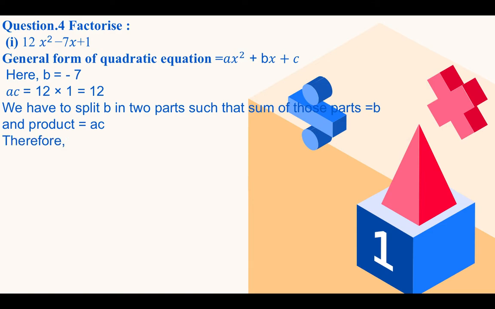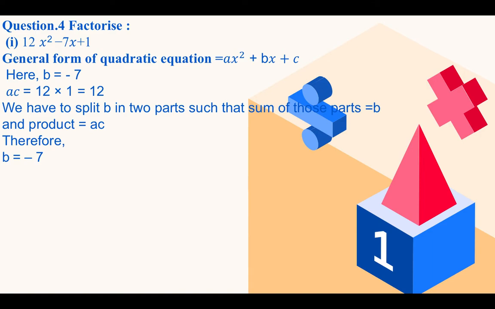So what do I write? I write b is equal to minus 7. So now I have to split this b into two parts. How will I find out what to split? I can split minus 7 as minus 4 and minus 3.